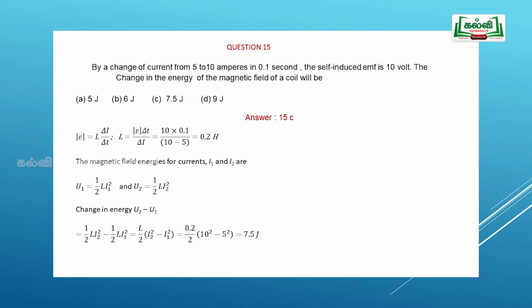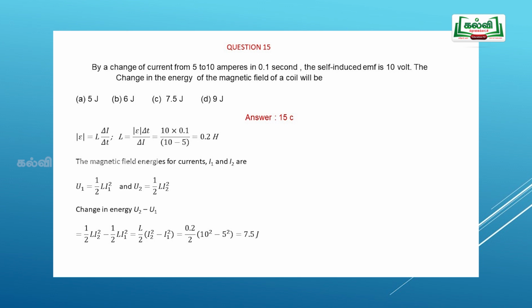Question number 15. By changing the current from 5 amp to 10 amp in 0.1 second, the self-induced EMF changes. See, it looks similar, but the question goes for something else. It is not inductance, it is the energy. Actually, in the list of formulae, I think I have to mention this formula, you have to remember. It's very simple, like 11th standard. What did you learn for kinetic energy?